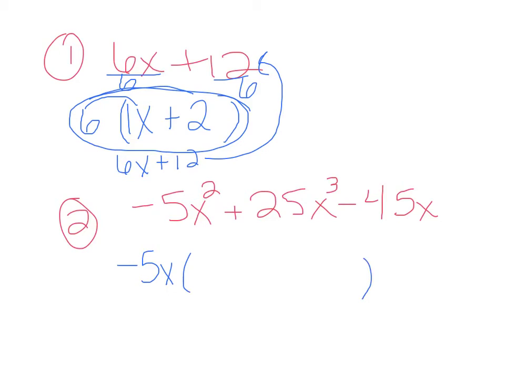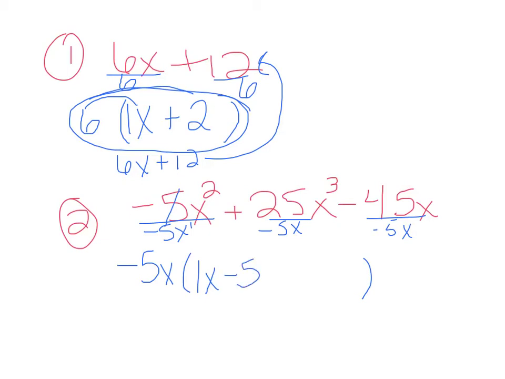Now remember, it is like taking negative 5x and dividing it into each one of these terms. So we have negative 5 divided by 5 is 1. And if we have x squared and we divide by x, we have 1x left over. Remember, when you're dividing, you subtract your exponents. Now 25 divided by negative 5 is negative 5.